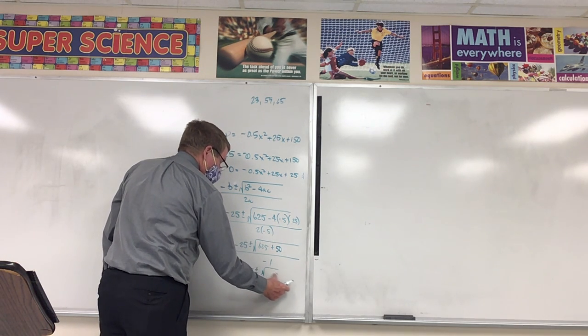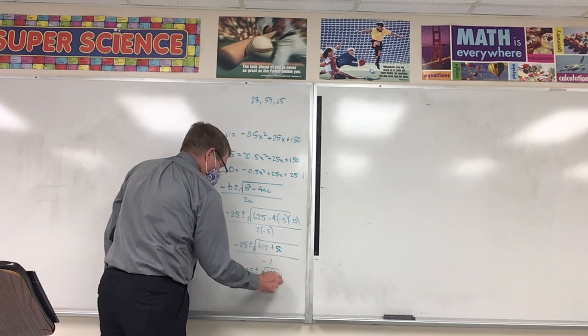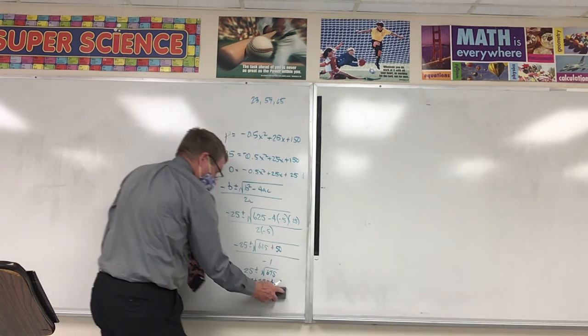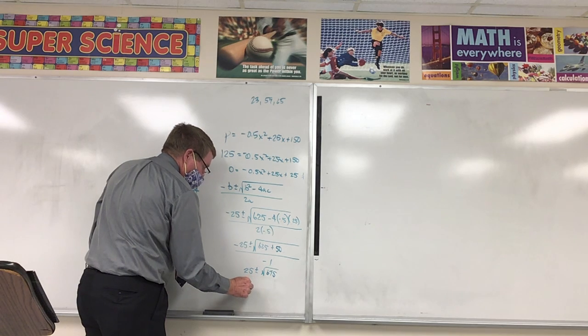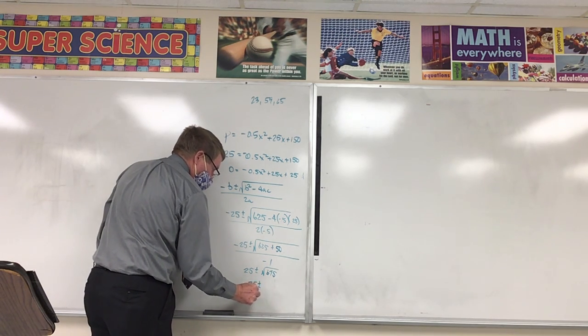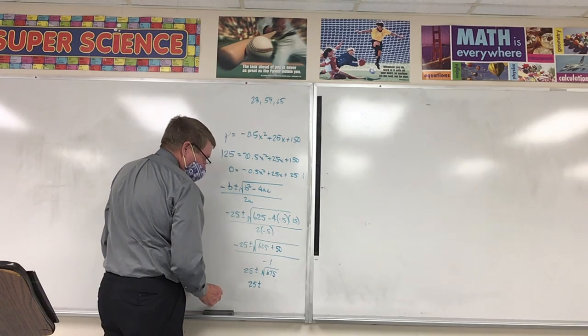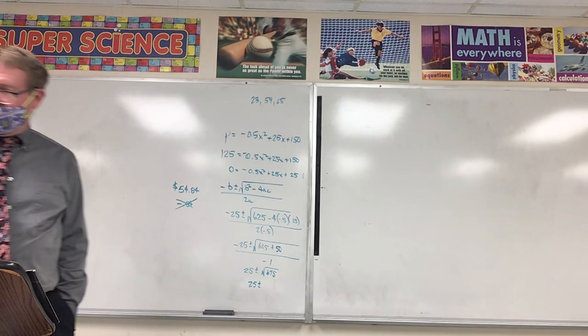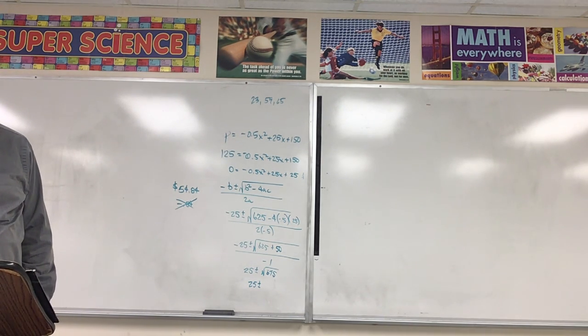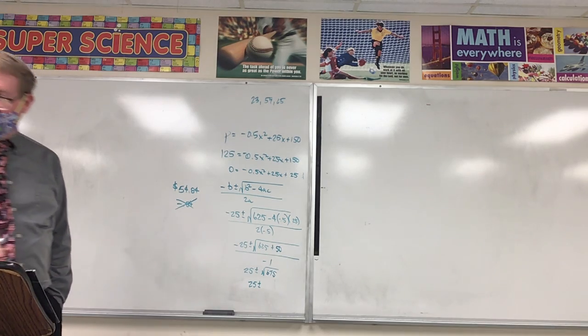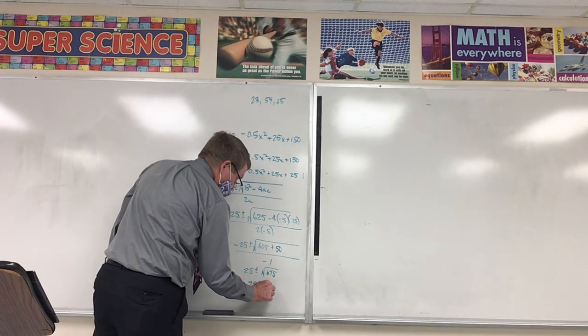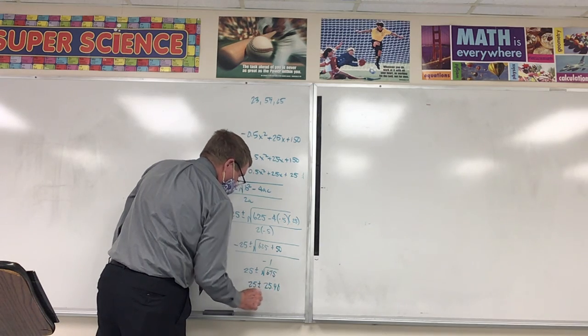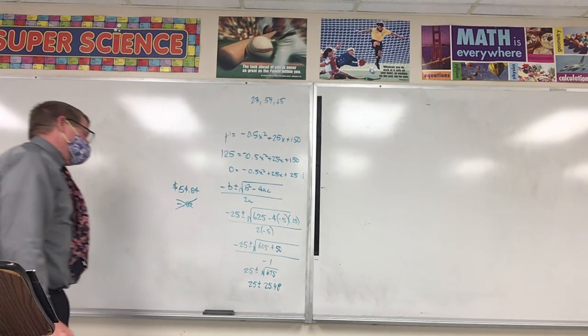That's going to be 675. Should be 25 plus or minus the square root of 625 is 675. The square root is 25.98. And it's still getting me the wrong answer.